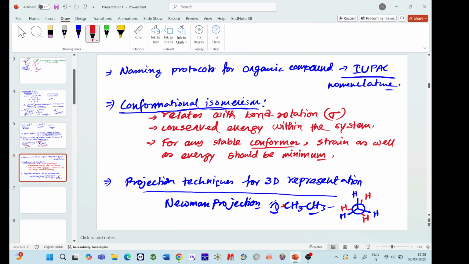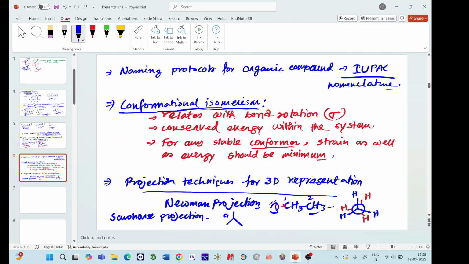It's called Newman projection, and the same thing you can show in another way, that is called Sawhorse projection. So you can represent this same molecule in another way. Suppose this is your C1 and C2.